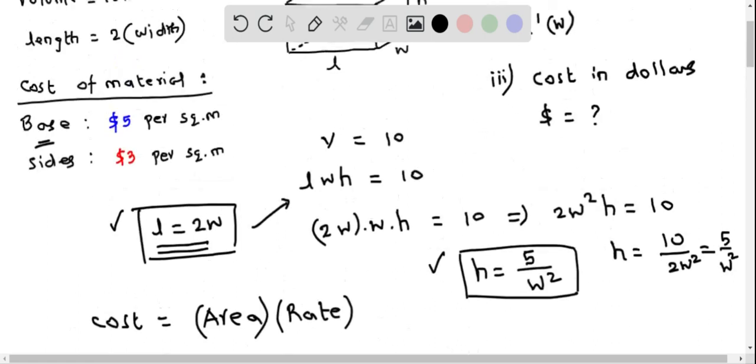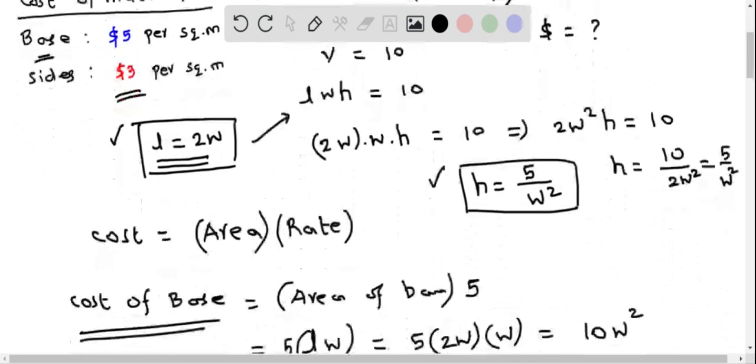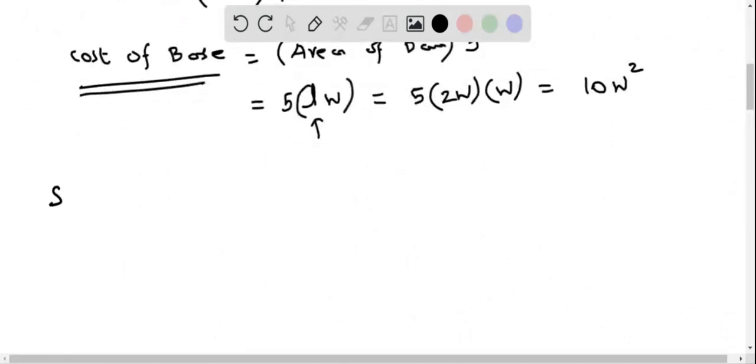Now we'll find the cost of constructing the sides. The cost of constructing the sides is given at a rate of $3 per square meter. So let's determine what the sides are. We have left as well as right, and we have front as well as rear. For the left and right sides, WH is the area, so for left it is WH, and for right also the area is WH.